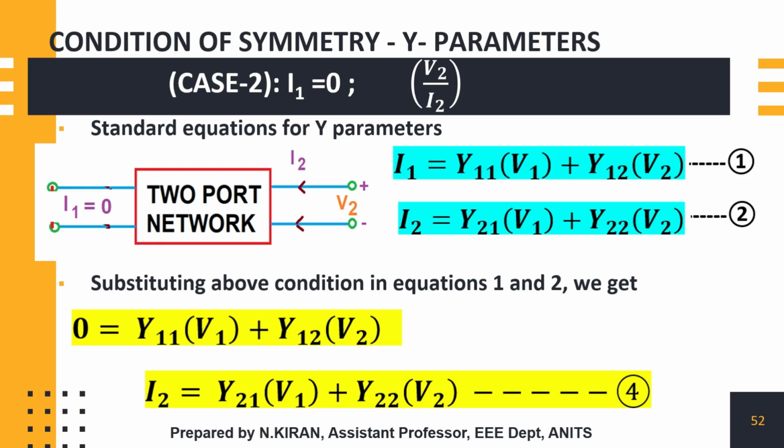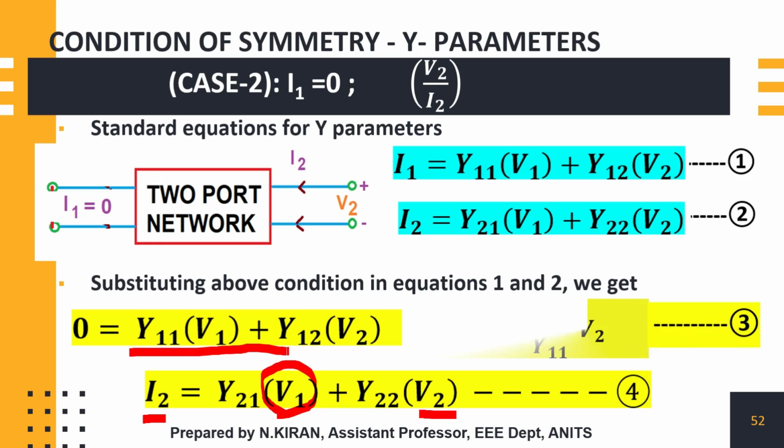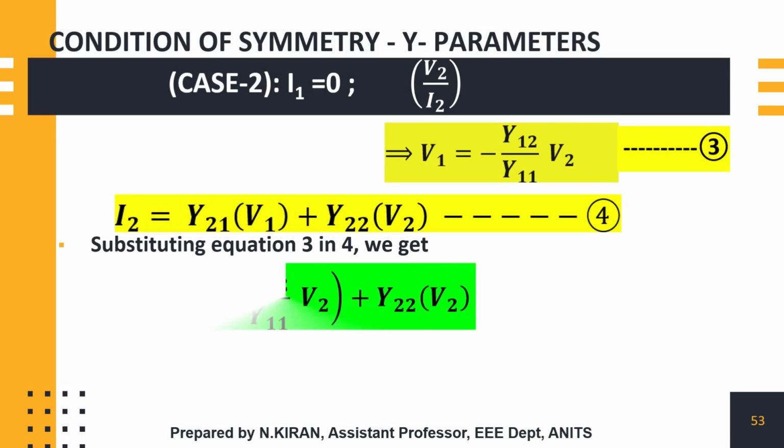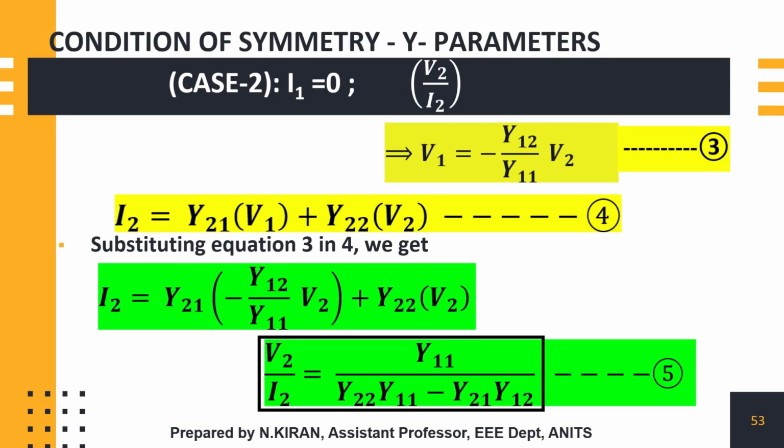Since my objective is to find V2 by I2, I'll get that from the fourth equation provided I eliminate V1, and that V1 I can eliminate by using the above expression, which I can rewrite as V1 is equal to minus Y12 by Y11 into V2. Substituting the third equation in the fourth equation, I'll get my desired ratio V2 by I2 to be Y11 divided by delta Y.